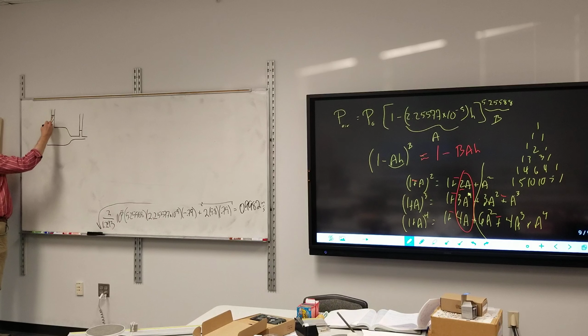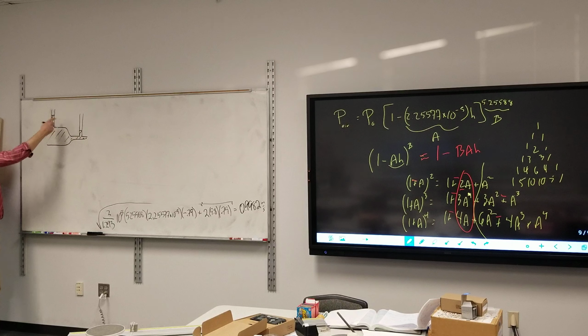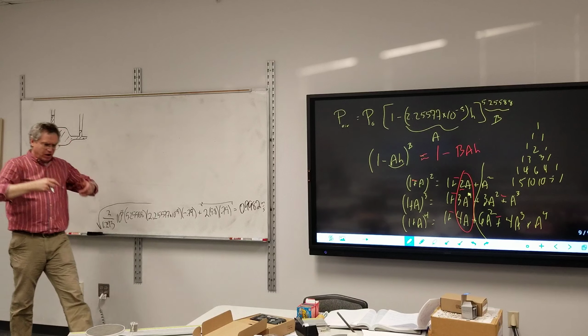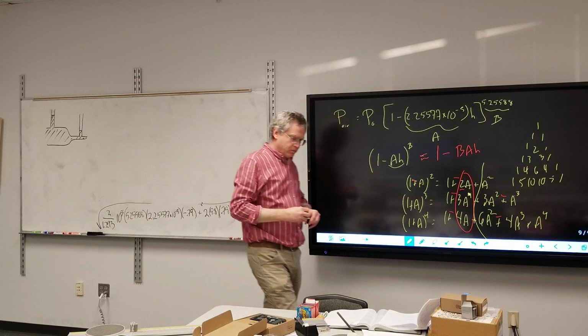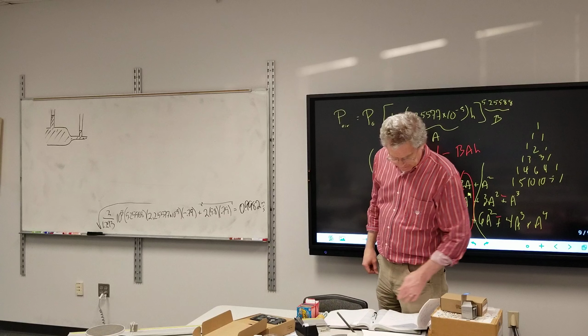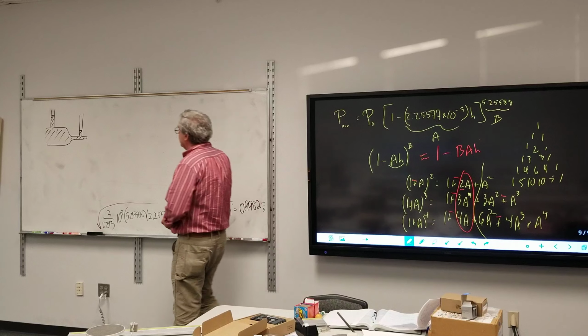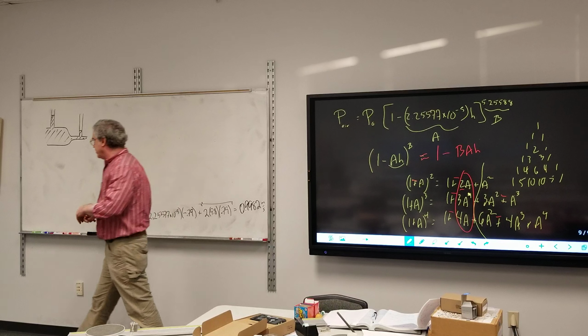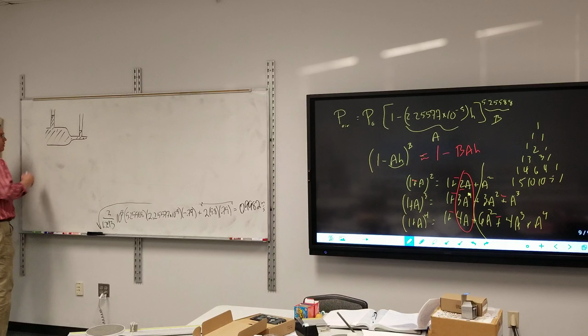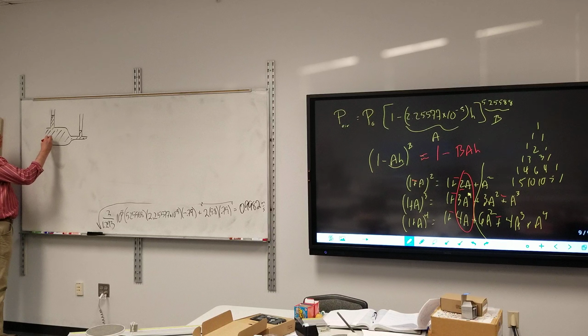I have a fluid flowing through the pipe, and I have two little outcroppings which contain fluid. The speed of this relative to that should be indicated by the relative height here. So this is the situation, we'll call those 1 and 2.